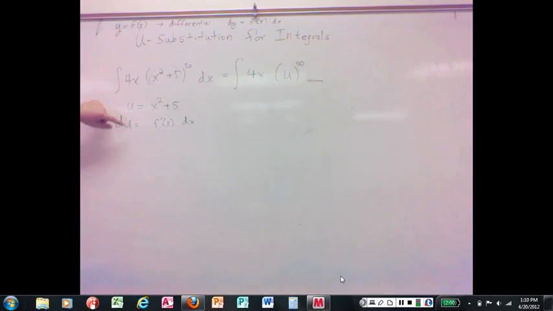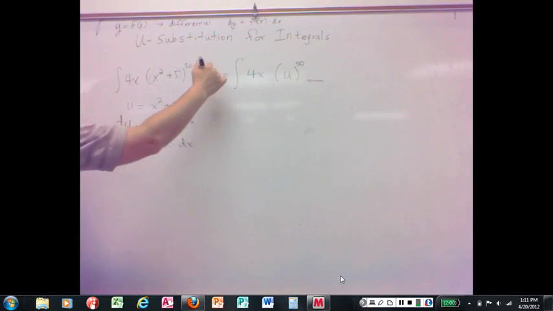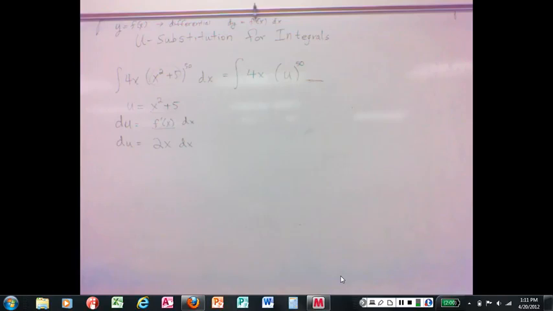Make sense? All right, so what does du wind up equaling? Well, like I said, the derivative of this is 2x, so du is the derivative of that times dx. And here's the way I like to handle it. I need to replace my dx by something, so let's get this in terms of dx. Just solve for dx here.